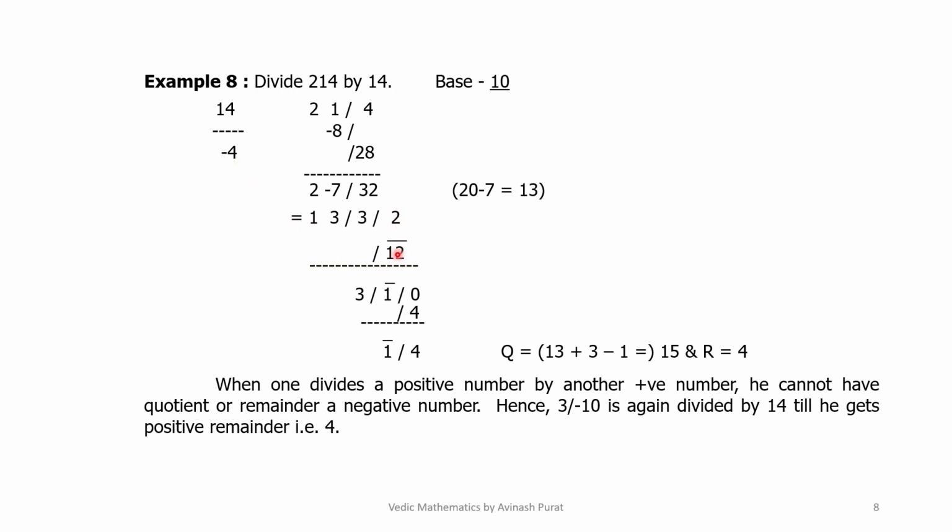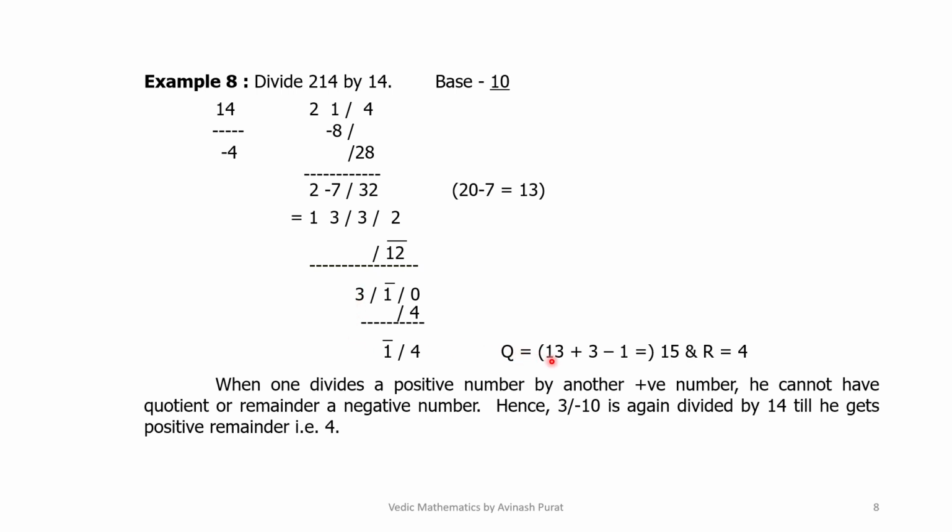So 2 minus 12 is minus 10. Minus 1 is taken down. Minus 1 into minus 4 is 4. So 0 plus 4 is 4, and minus 1, this is 3.